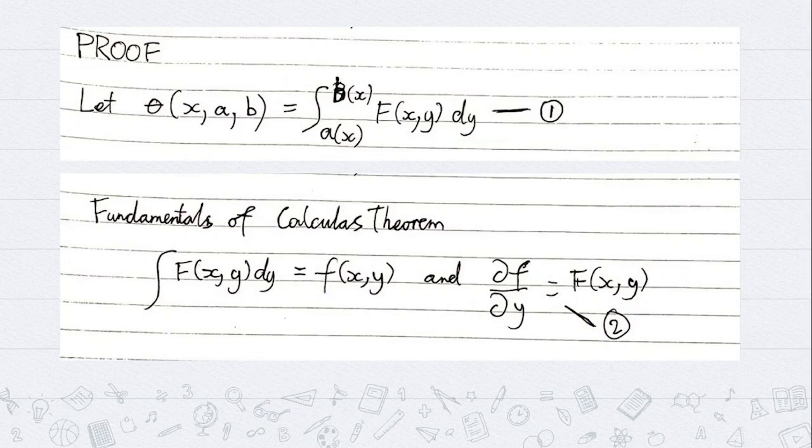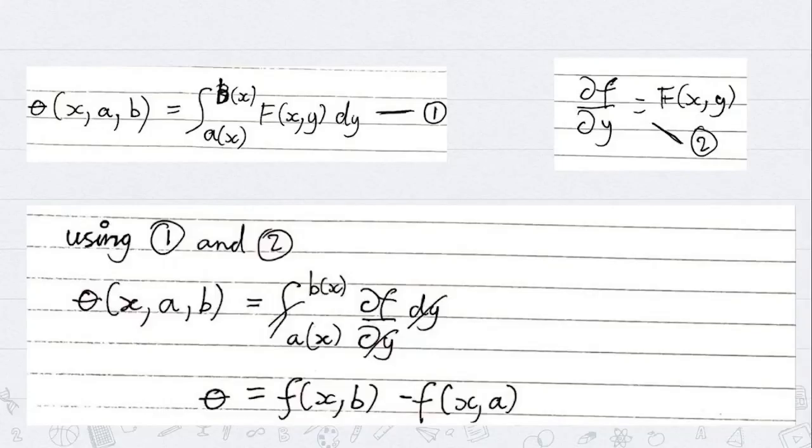This will be equation 2 for later. Using equations 1 and 2, theta of x, a, and b equals the integral between b and a of the partial F over partial y dy. After cancelling out, we get theta equals F(x,b) minus F(x,a).